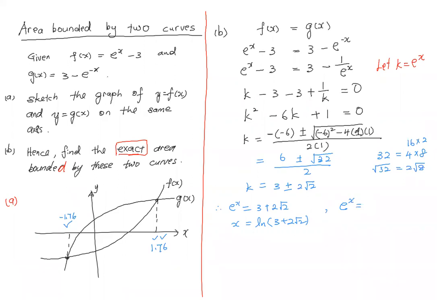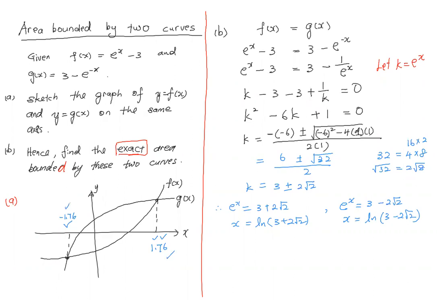I tell you, in your SAT3, I definitely will put this in. Okay, 100%, I tell you. 3 minus 2 root 2. So your x will be equal to ln of 3 minus 2 root 2.